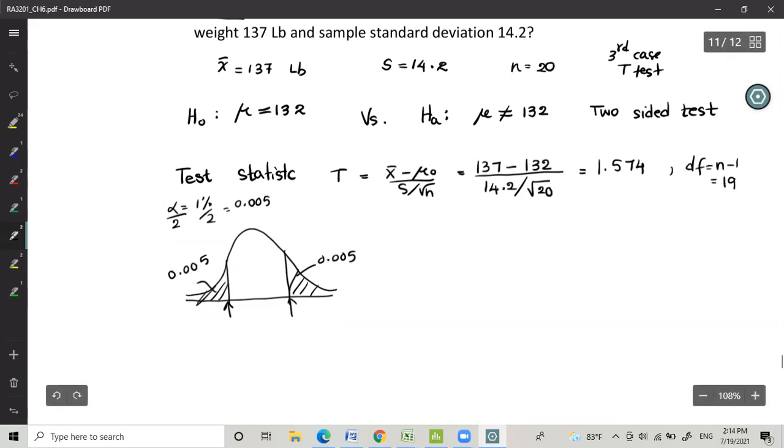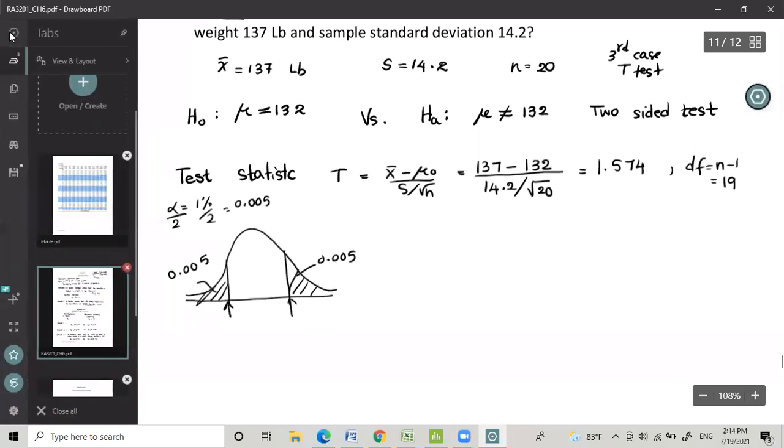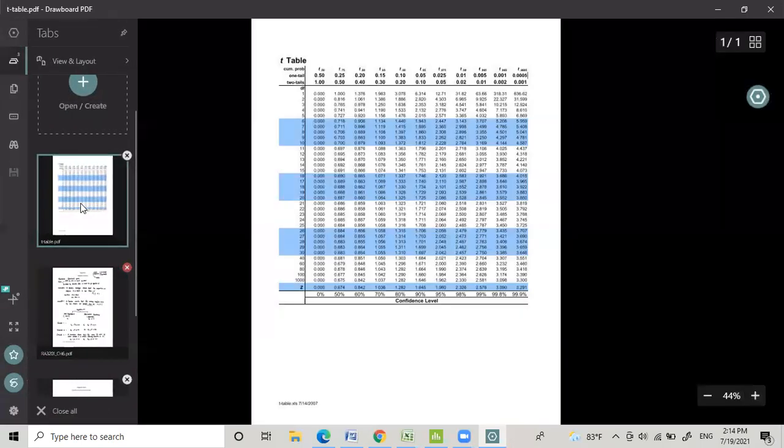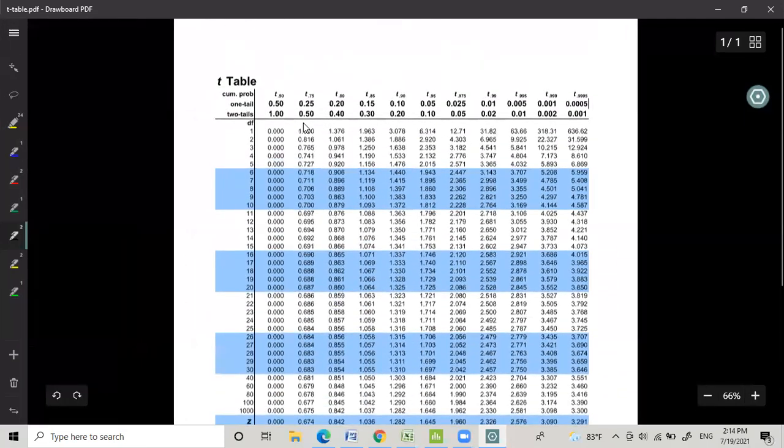Right, so let's look at the T table. One tail is 0.005 with the degrees of freedom 19.